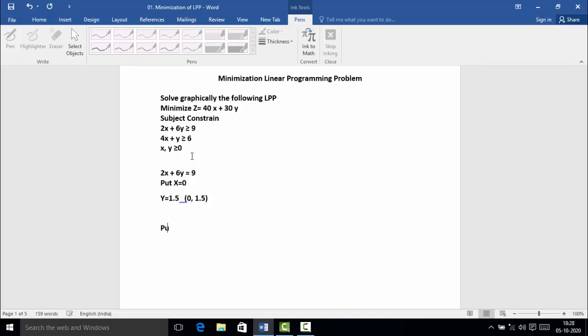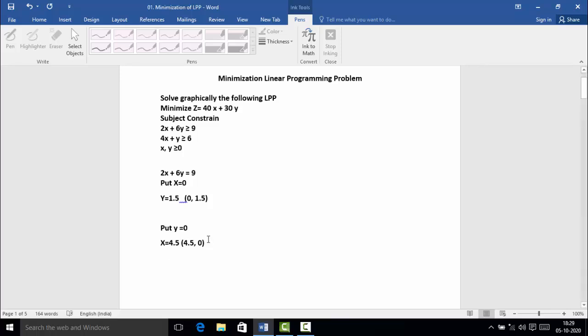Now for the second point, put y equal to 0 in the equation. Then 2x is equal to 9 and x is equal to 4.5. The second point is (4.5, 0). Therefore from the first equation we got two points: the first point is (0, 1.5) on the y axis and the second point is (4.5, 0) on the x axis.